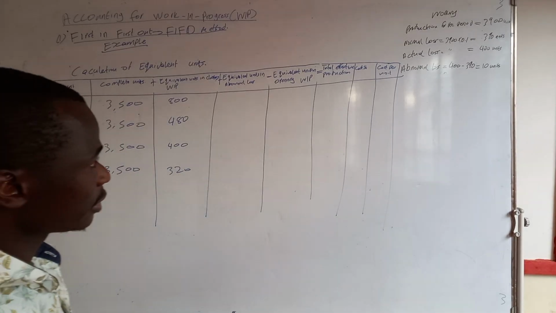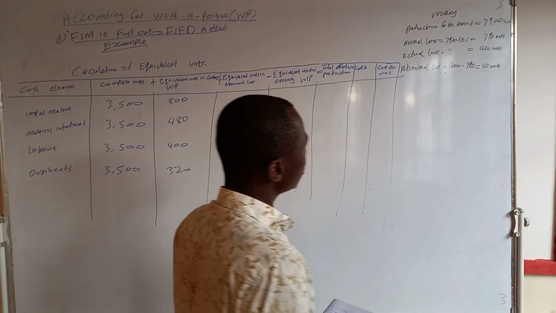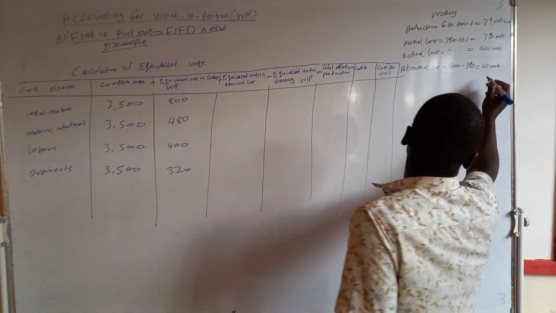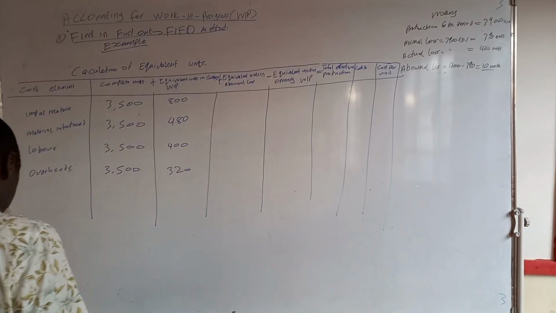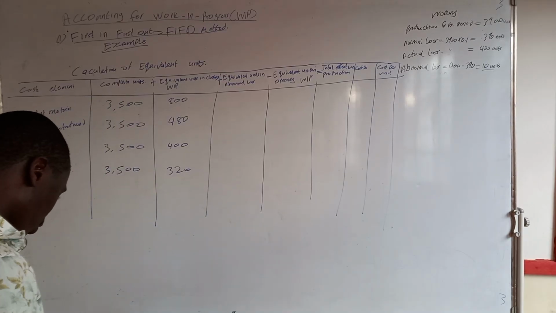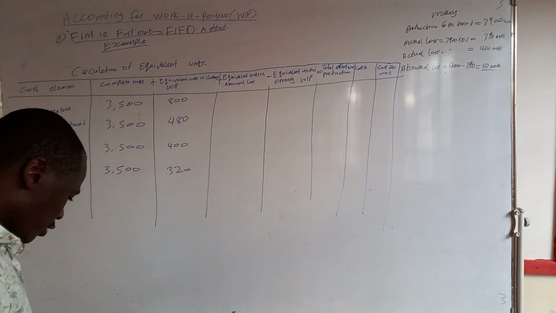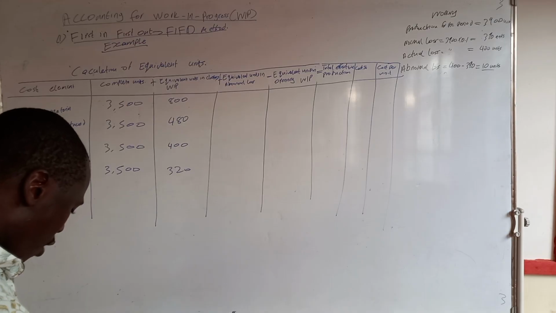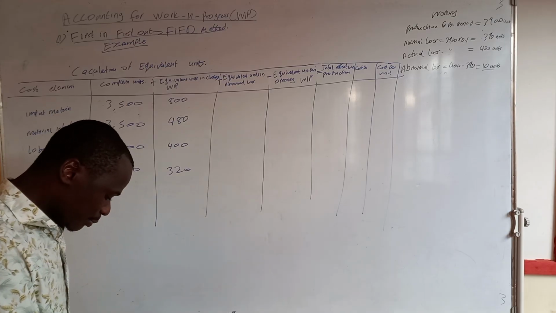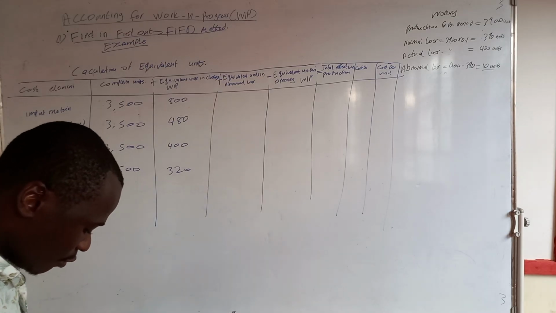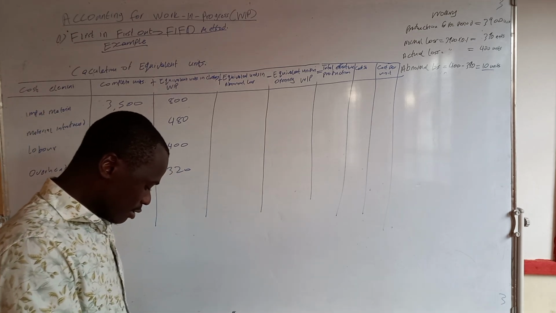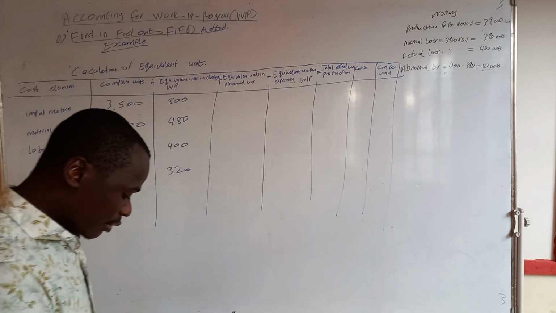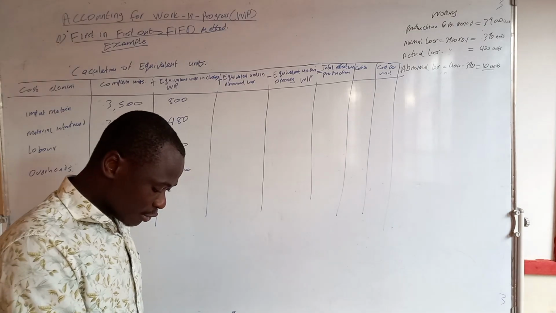Abnormal loss, we had calculated, is 10 units. What are we doing to look at this information? 400 units were scrapped at the following stage of completion.